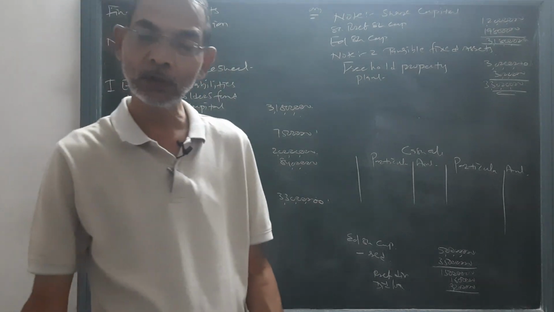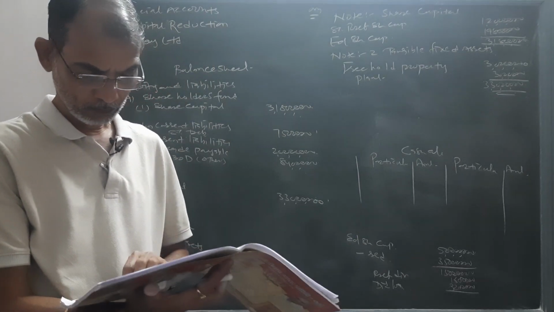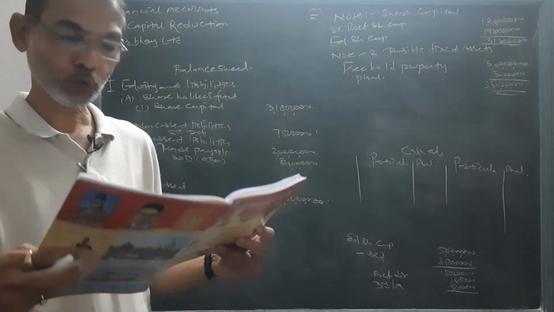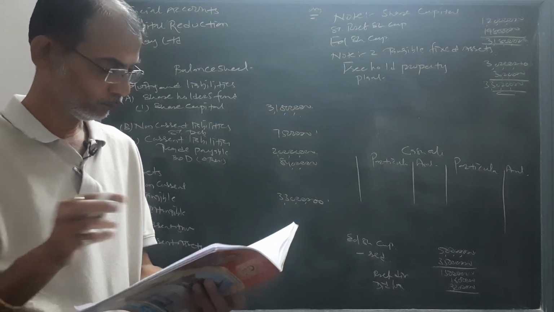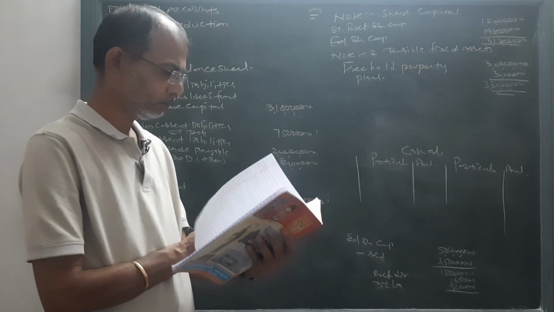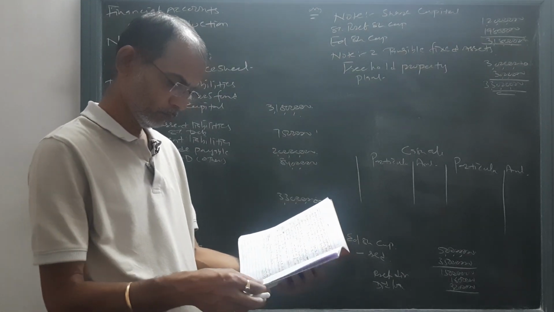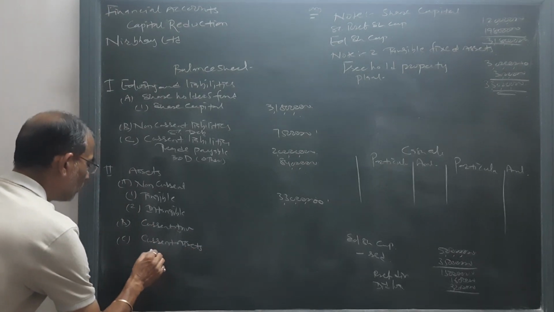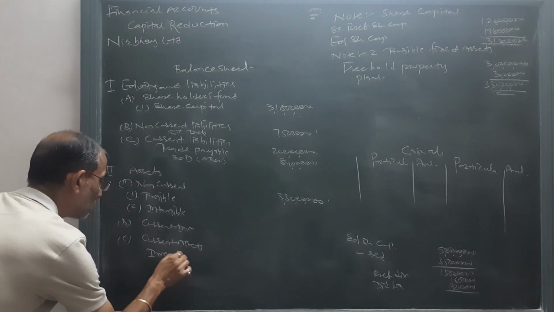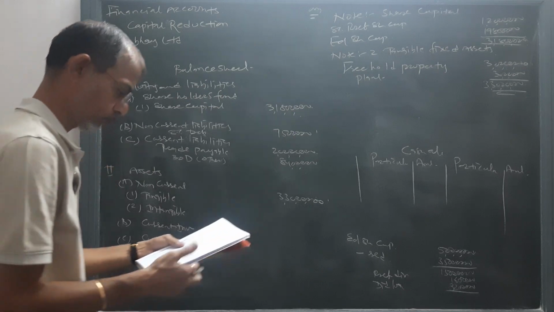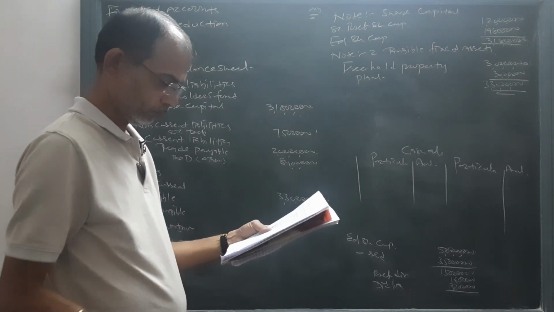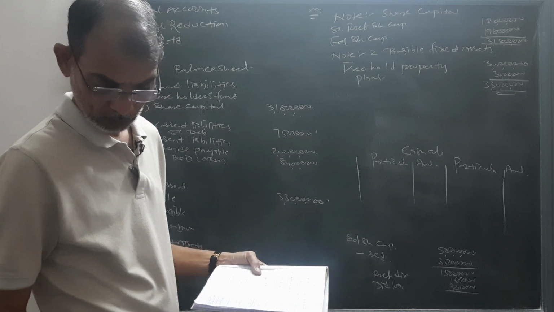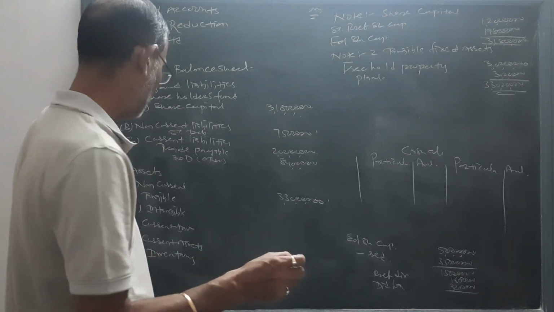Intangible assets were written off. Investment was also sold. Inventory was 165, out of which 99 lakh were written off.